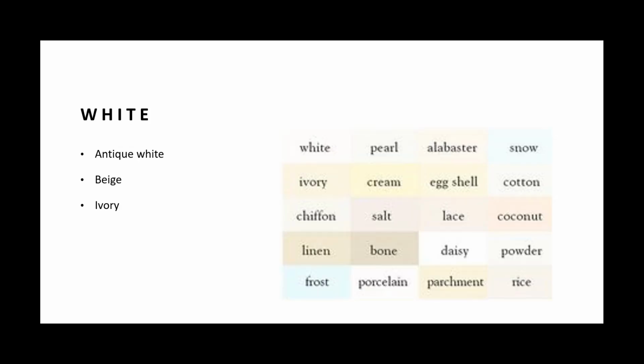Next up, white. You might be thinking, well, there's not that much to it. It's, well, white. But so much of the time there's a slight hint of other colours within it. My example is about a jar. I'm describing the alabaster jar, which is delicate and fragile, like the person carrying it.